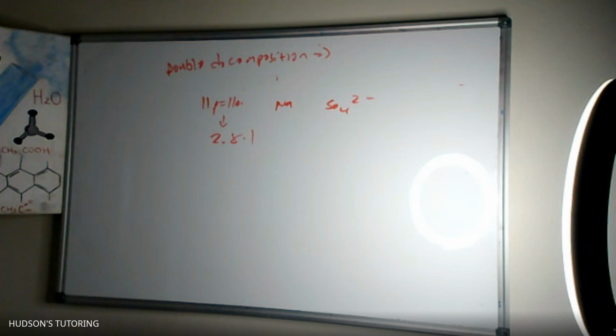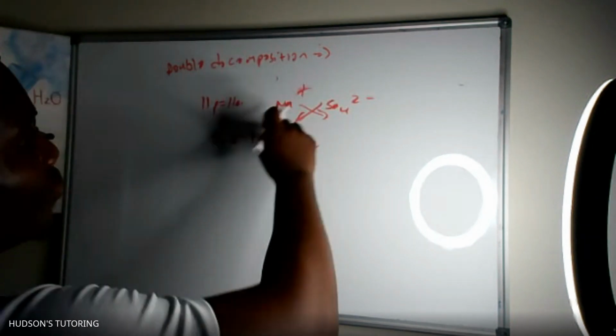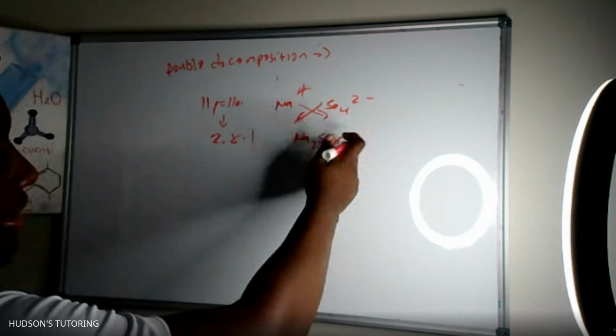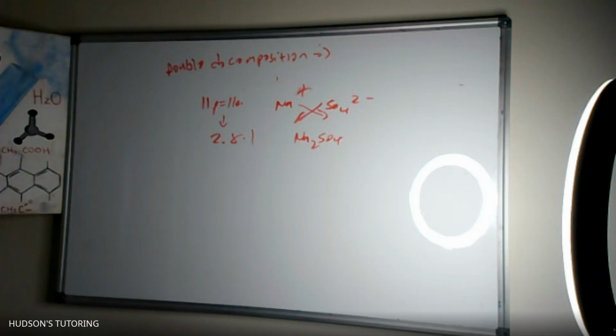Valence switching would give us Na2, because it's 2 minus on the sulfate. So the 2 comes here and we get Na2SO4. Remember the 1 stays as it is. Understand? Yes. Good.